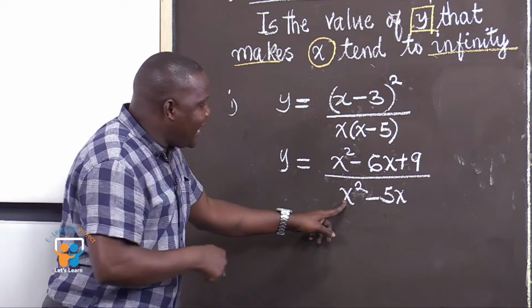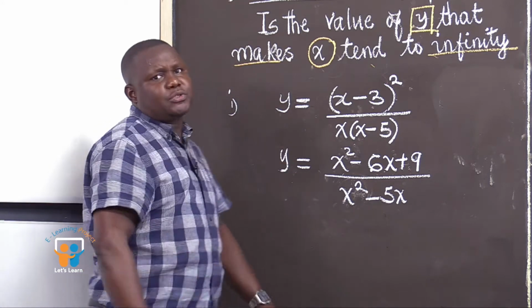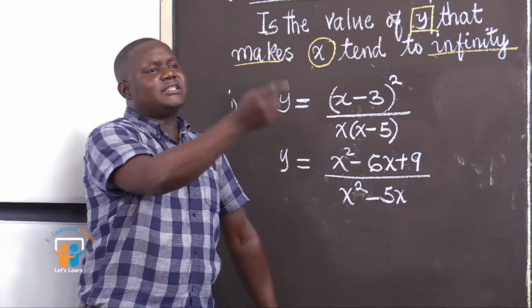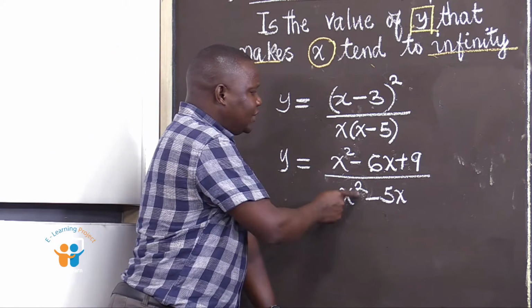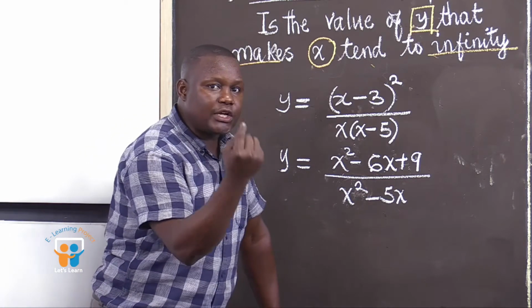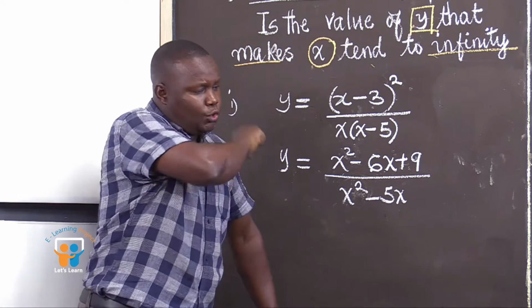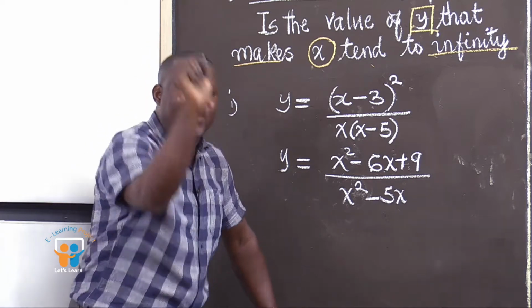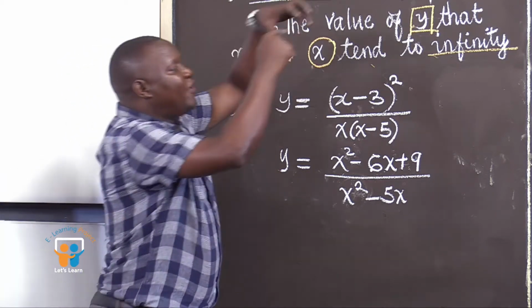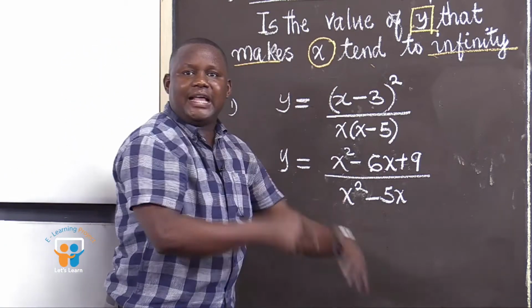And now, after knowing that it's proper, someone is going to say, but sir, no, our teacher told us that if the degrees are the same, it is going to be improper. Remember, that was partial fractions. This is curve sketching. Do not confuse the two. And I don't want you to fail this number because you've applied partial fractions in curve sketching.